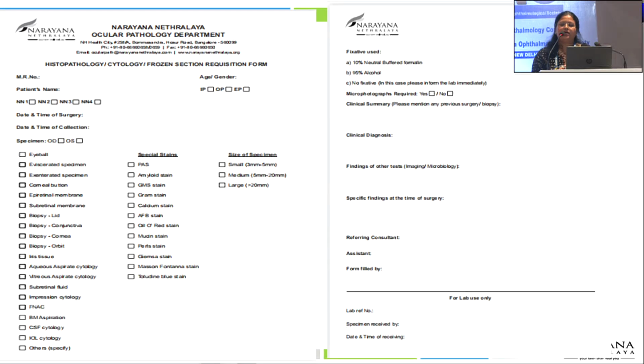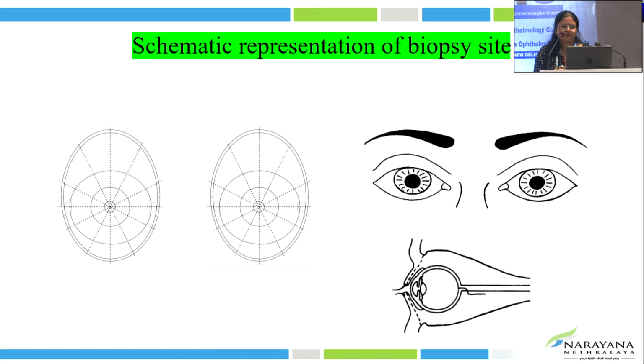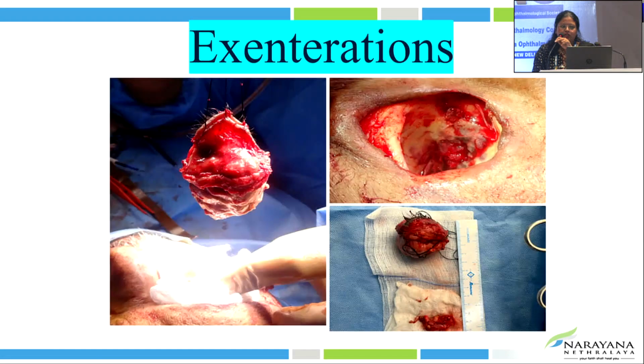And if at the time of surgery there was something different, like cheese-wiring, bone erosions, or periorbital reactions, please put it down. That will help us as well. A small diagram with some colors will also help us a lot. I'll describe each sample and the pitfalls we feel as pathologists, and those are the things I'll highlight.